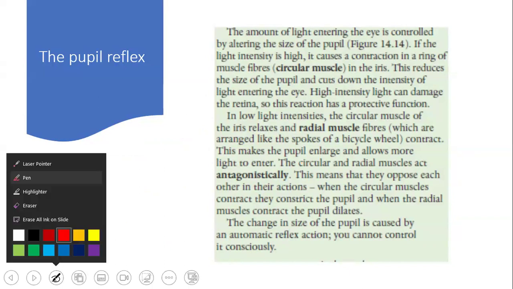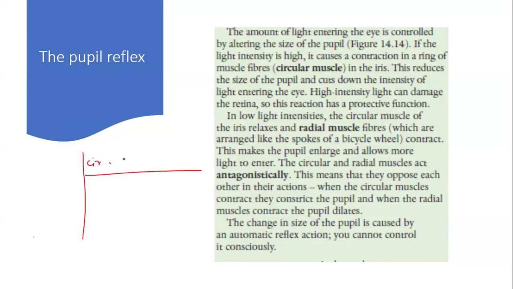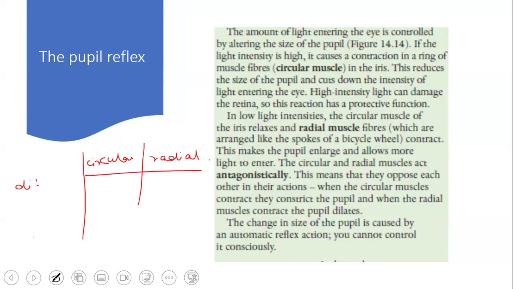I want you to remember the topic like this, that we are going to study two muscles. We can have circular muscles and we can have radial muscles. Now, whenever your pupil is dilating, it means that the size of the pupil is increasing, right?